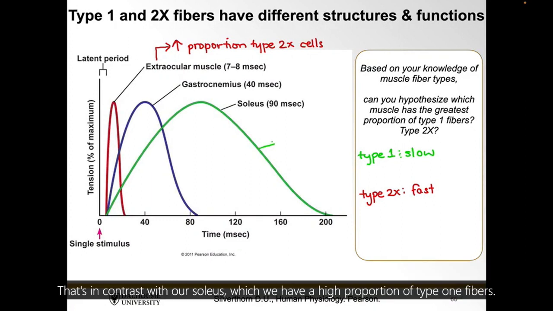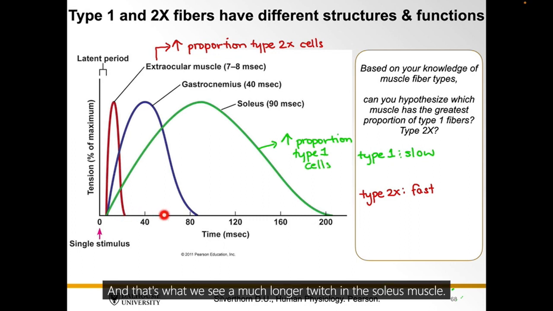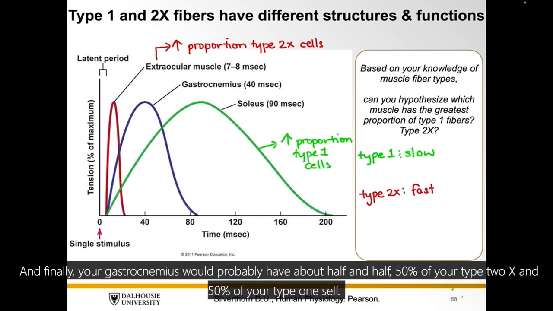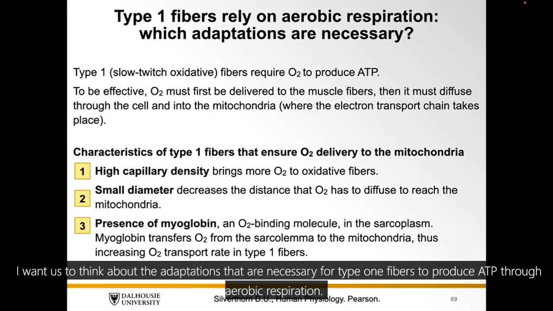That's in contrast with our soleus, which would have a high proportion of type 1 fibers. And that's what we see, a much longer twitch in the soleus muscle. And finally, your gastrocnemius would probably have about half and half, 50% type 2X and 50% type 1 cells.